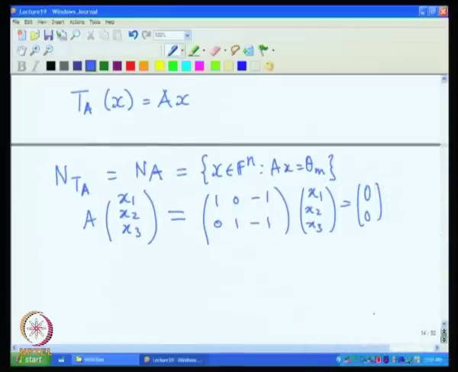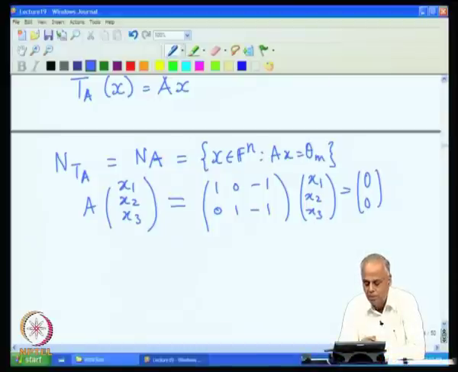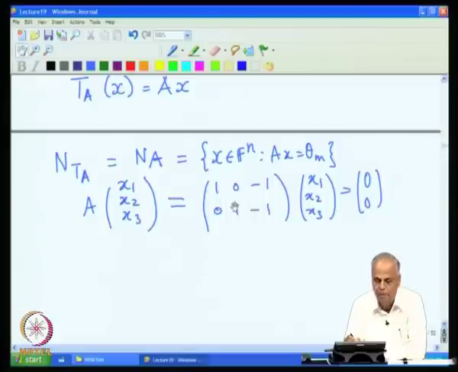Now, the matrix A is already in row reduced echelon form, and therefore we can write down the solution by inspection by eliminating the pivotal variables. There are 2 pivotal variables x1 and x2, and the non-pivotal variable is x3, and we can eliminate x1 and x2 in terms of x3.